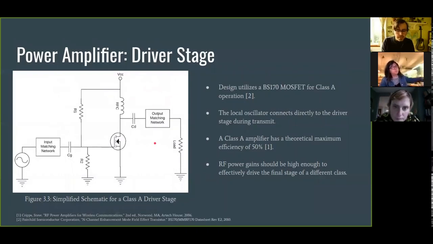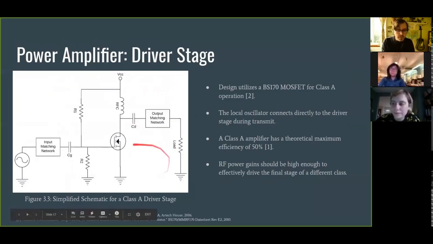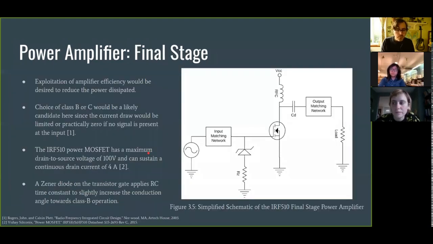A class A amplifier has a theoretical maximum efficiency of 50%, but my hope was that this would be enough to drive the final amplifier stage, where we could take advantage of these higher efficiency schemes in order to reduce the amount of power dissipated.